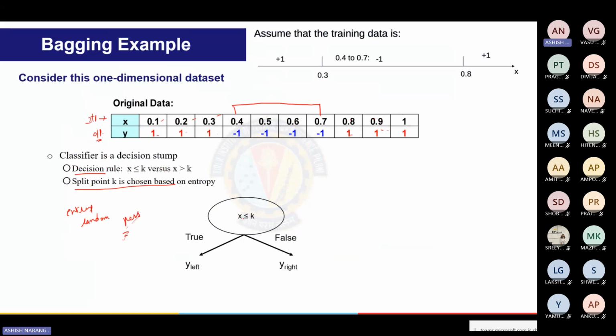So I want to split the data set in such a way that if x is less than or equal to k, I am getting some value of y. If x is not less than k, it's false, so I am going to get this particular value.